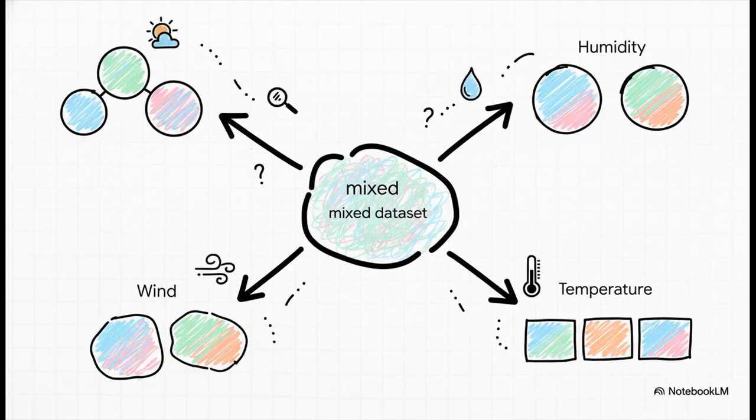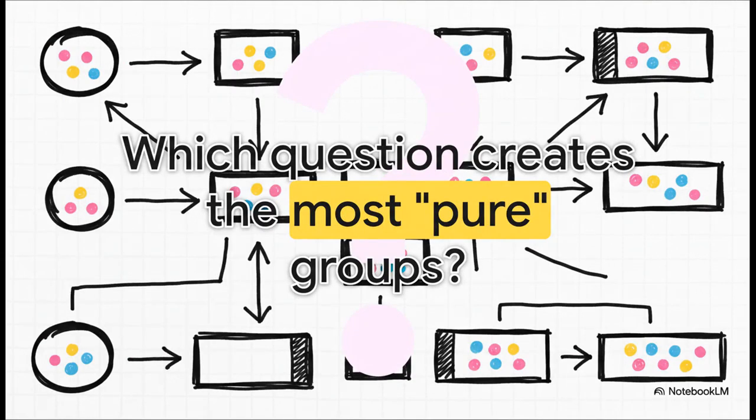Now, the algorithm is incredibly methodical. It doesn't just guess. It basically holds a competition. It systematically tests every single feature to see which one would make the best starting question. It asks itself, okay, if I split all my data based on the outlook, how pure will my new groups be? Now, what if I split by humidity instead? This is the exact challenge the algorithm has to solve.